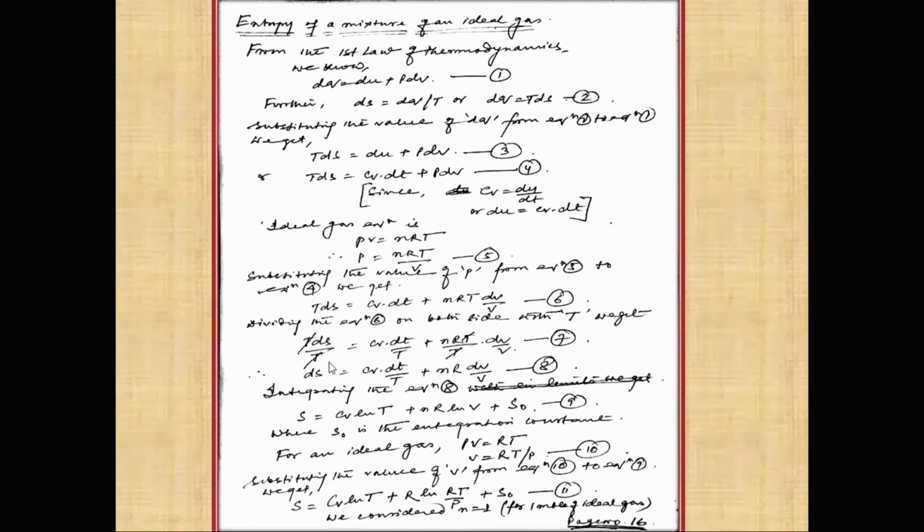There are many reasons for that, but we skip them at the undergraduate level; they are in the postgraduate level. So we divide this equation on both sides by the temperature, and we bring the small change in entropy. Now you see in equation 8, the volume is integrable as well as the temperature is integrable. Do you understand?